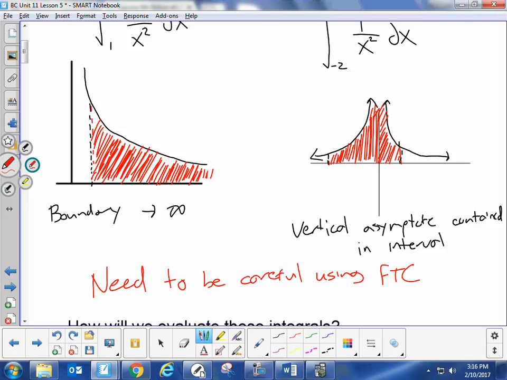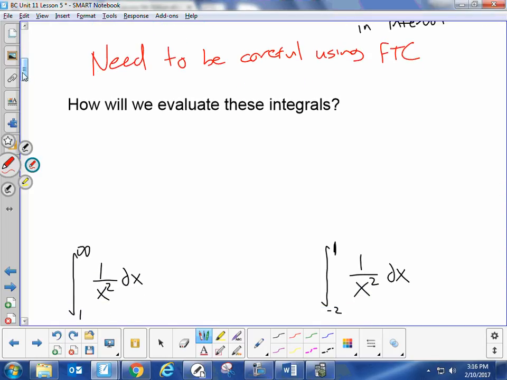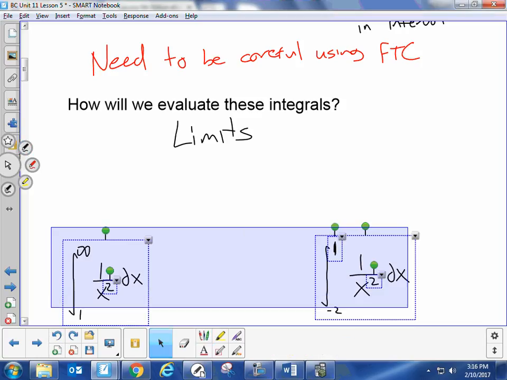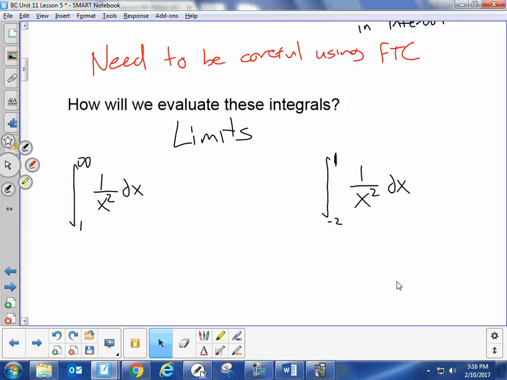We will still be using the fundamental theorem of calculus, but in a specific way. Now, what is going to help us evaluate these integrals are our friends that deal with infinities and approaching values, and limits. I'm going to give you two examples, the first two that we kind of saw, and we're going to see what they're equal to.